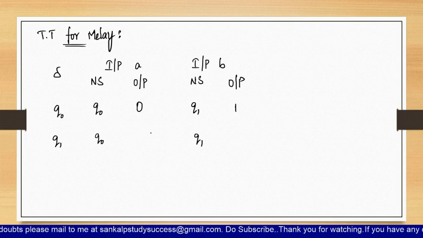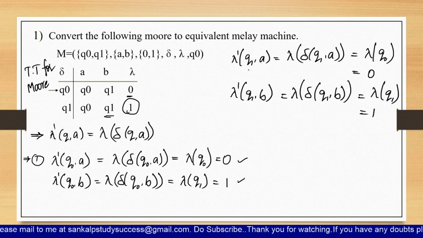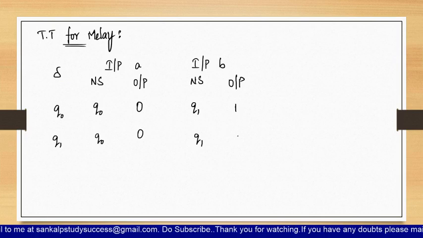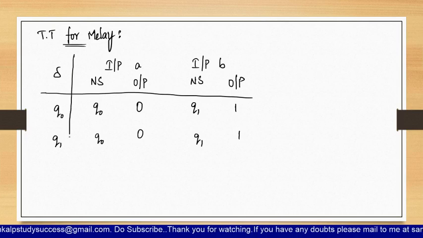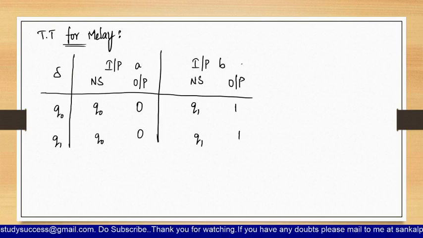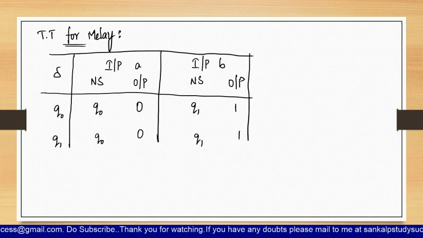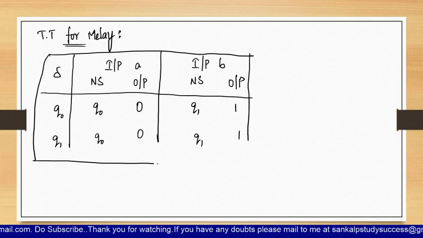In the same way, let us also check for applying A and B to Q1, then we are getting 0 and 1. So this is nothing but the transition table for the Mealy machine, right? From the transition table, we can easily draw the transition diagram for the Mealy machine.